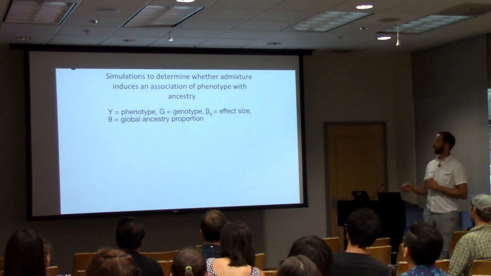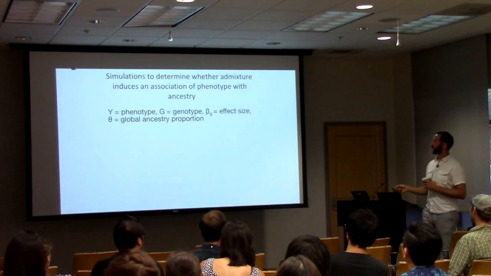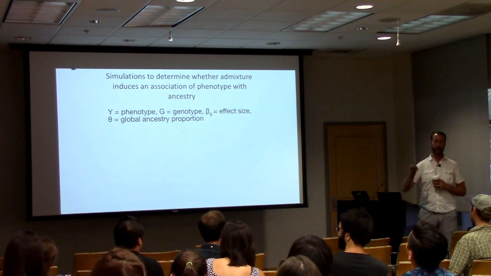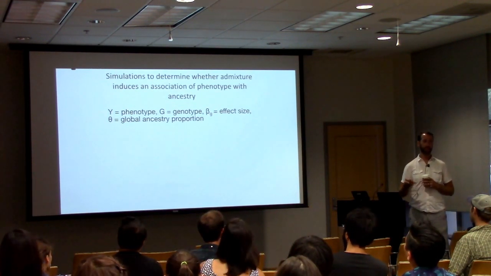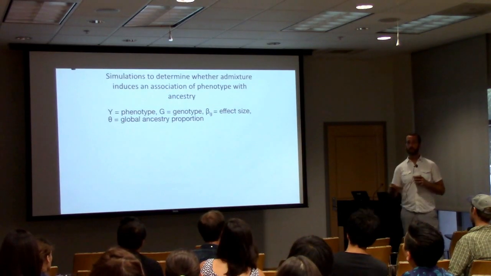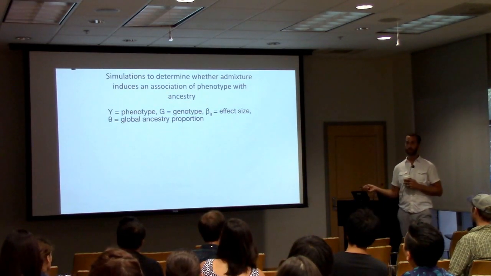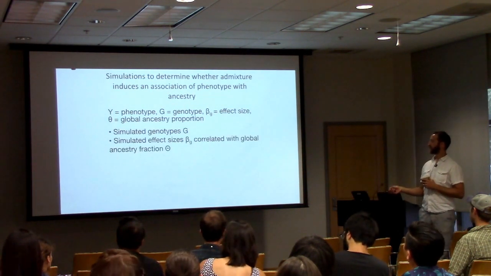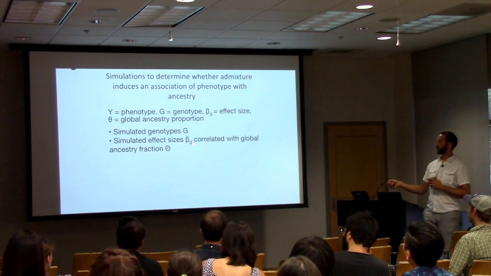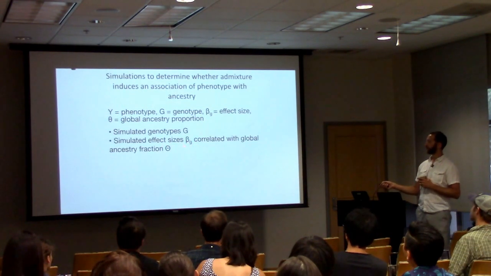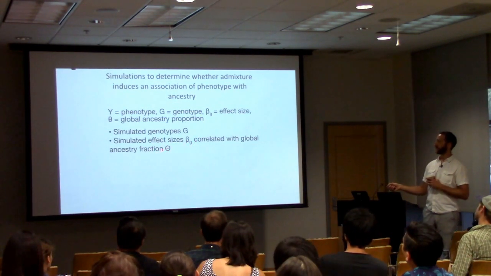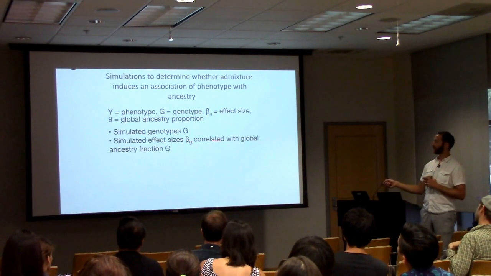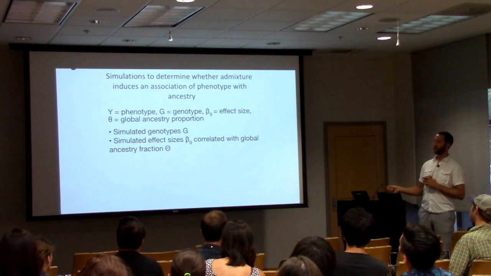The first thing we're asking is whether, when you have ancestry correlated with a phenotype due to genetic reasons, we should expect a relationship between PCs and variance. And so we simulate G, we simulate effect sizes, but in order to induce a relationship between ancestry fraction and phenotype Y, we need to make the betas correlated with global ancestry fraction.